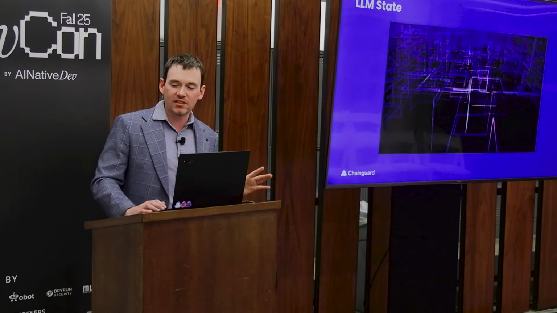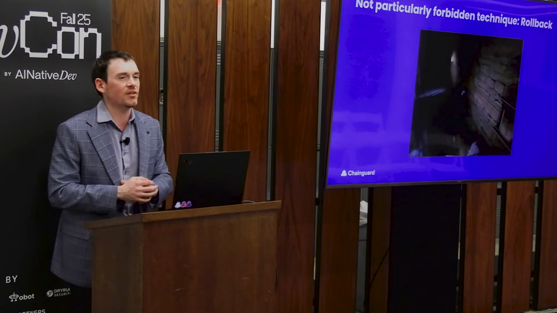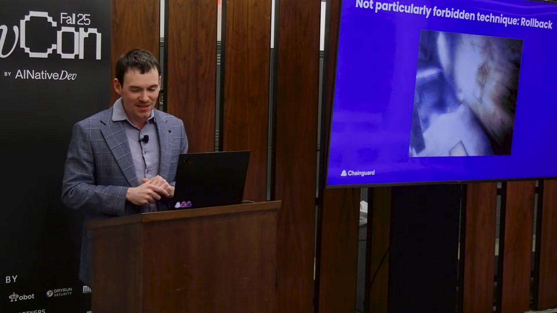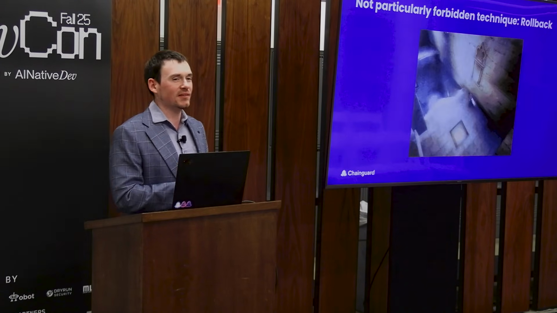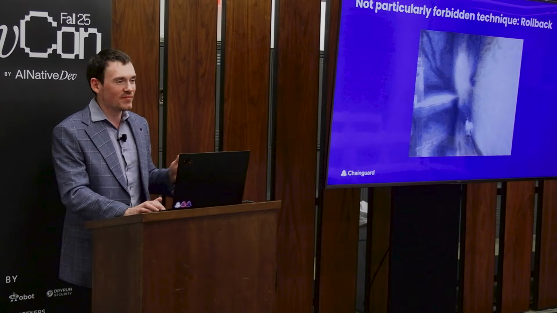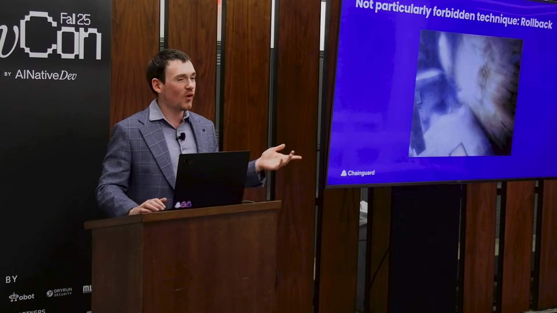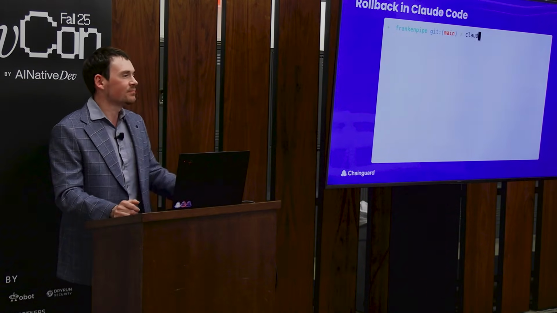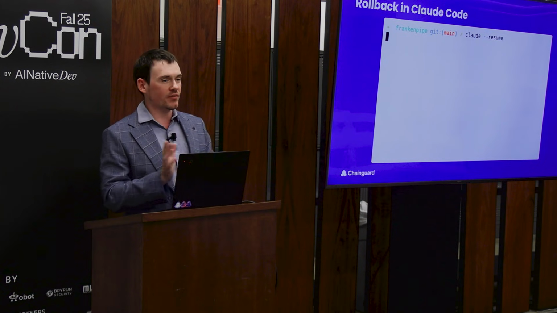So let's talk about some less forbidden techniques that you're already going to be familiar with, and we'll ease into the more obscure techniques, okay? So rollback, this is Prince of Persia. If you're a certain age, you might have explored the Sands of Time. But rolling back is a really powerful technique. This is how it works in Claude Code. Probably most of you have done this at some point.